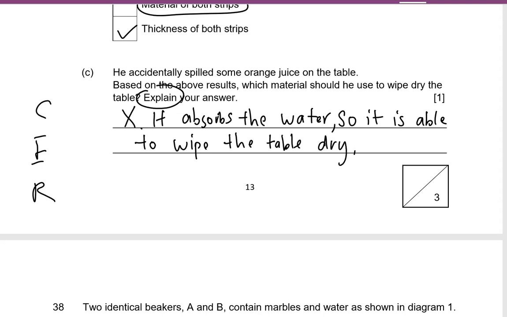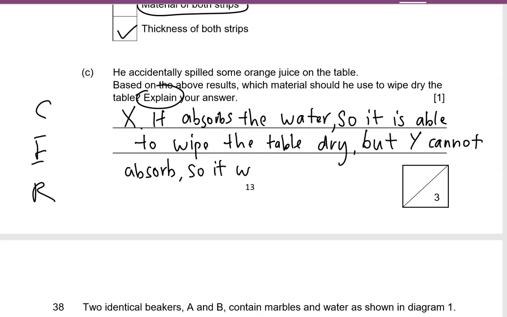Now, because you are trying to make a choice out of the other option, you will need to mention why Y is not able to be the choice. X absorbs the water, so it's able to wipe the table dry, but Y cannot absorb.